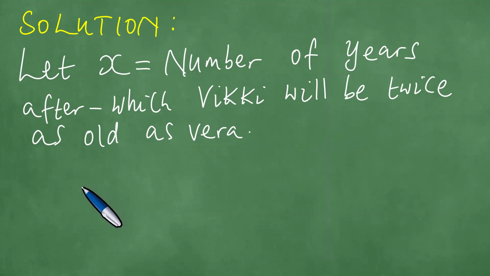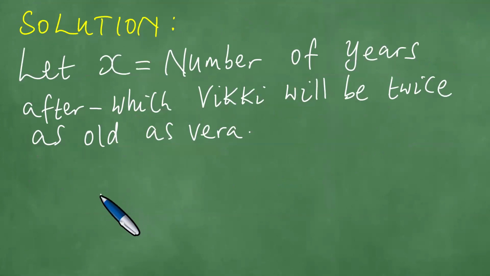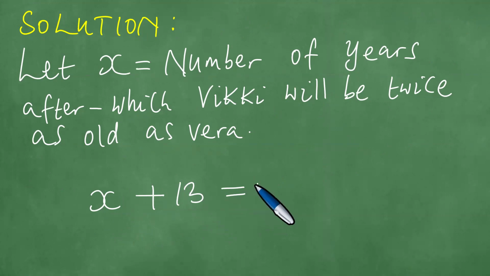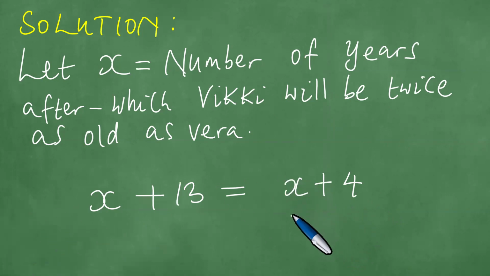Vikki is 13 years old, so after a certain number of years x, we add 13 to x. Vera is 4 years old, and we add x to the 4, so that after x years we shall have the required relation.